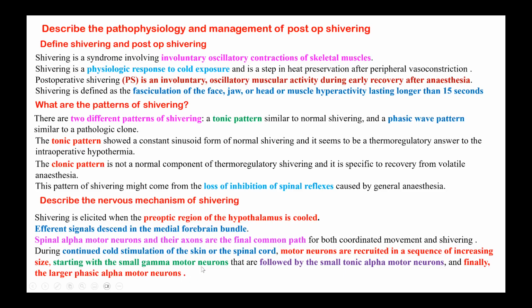So all the motor neurons, gamma, small alpha and large alpha, will be recruited, and that is the reason why you have involuntary, uncoordinated or oscillatory movements happening in the muscle groups.